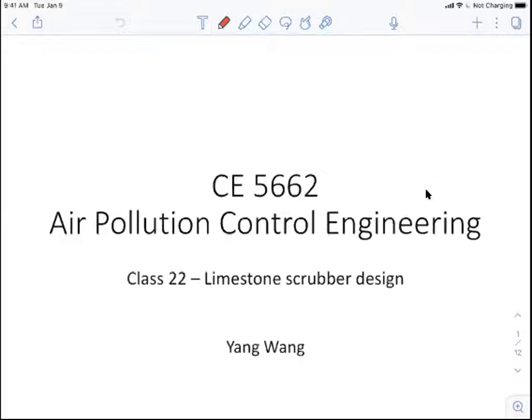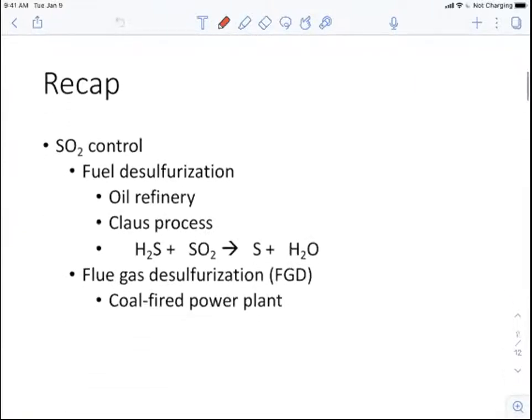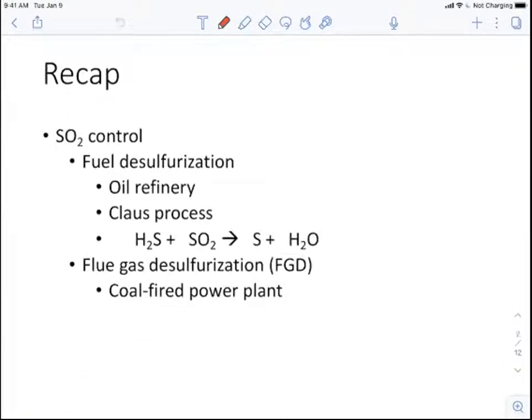All right. So this class, we're going to continue on the sulfur dioxide control. Last class, we mainly introduced how we could control sulfur dioxide. Let's do a quick recap. Sulfur dioxide is an important air pollutant, which is why it's regulated as one of the 6 criteria air pollutants.